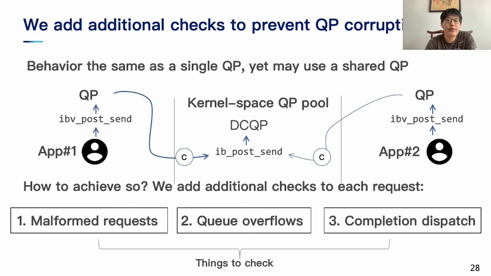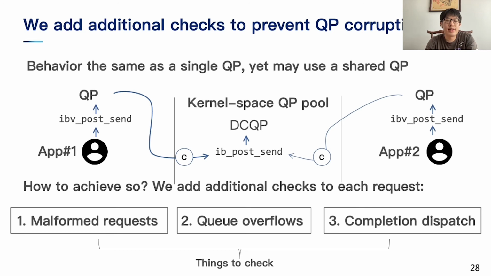To this end, we carefully add checks before posting the requests to the underlying shared QP, and reject the requests that can corrupt the QP state if necessary. Specifically, we check the following three things. First, malformed requests: whether the request contains an invalid operation code or a memory reference. Second, whether the request may overflow the hardware queue.